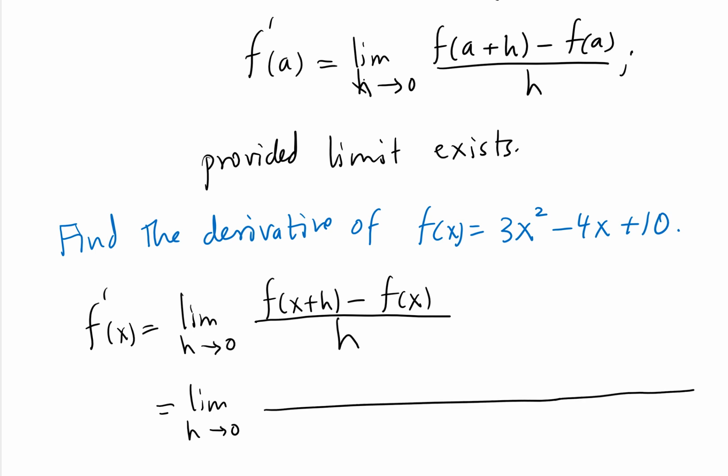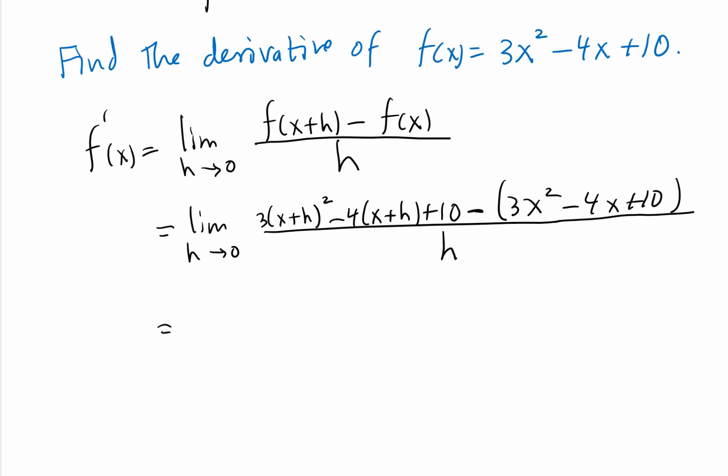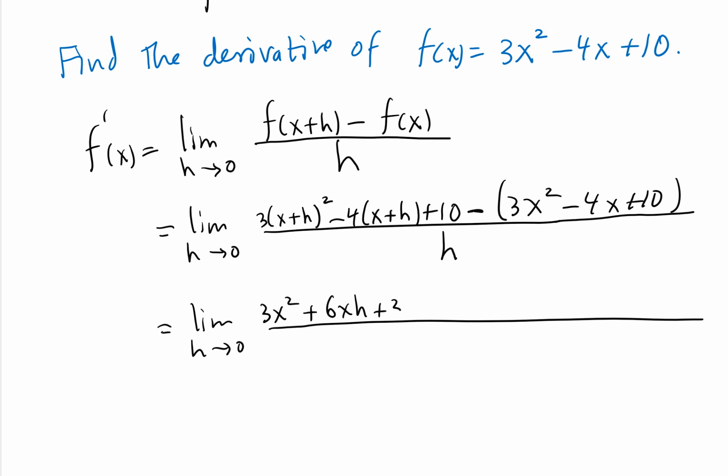Replace x with x plus h. So 3 times x plus h squared minus 4 times x plus h plus 10 minus the whole function. I always use parentheses for that. Three x squared, 6xh, 3h squared, minus 4x minus 4h, plus 10 minus 3x squared plus 4x minus 10, all over h.